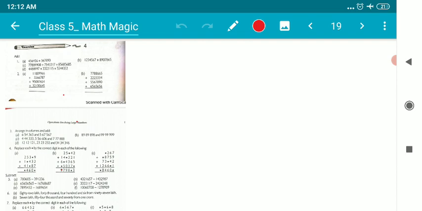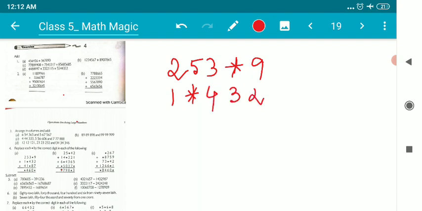The missing numbers should be solved in a very simple way. Like, a number is 2 5 3 asterisk 9. The next number is 1 asterisk 4 3 2.